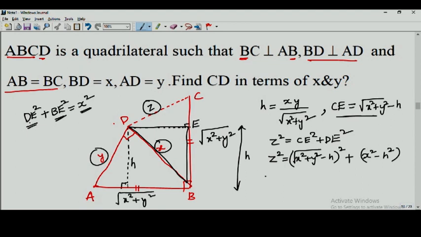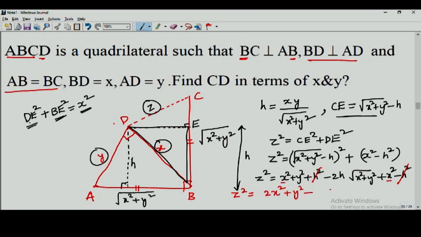So now if we substitute, z square is equal to, let's expand first, x square plus y square plus h square minus 2h into root of x square plus y square, plus x square minus h square. In this, h square gets cancelled and the z square value will be equal to 2x square plus y square minus, what is h into root of x square plus y square?